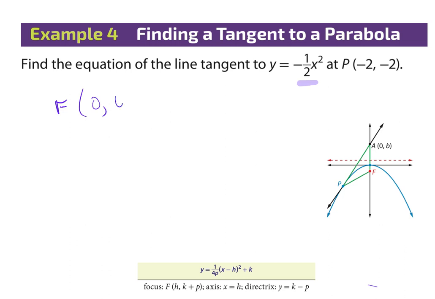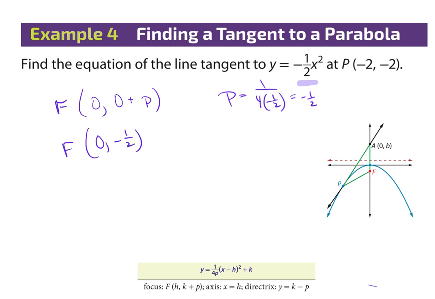So 0 being my k plus my p. So I really need to find my p. P is going to be easy because it's going to be 1 over 4 times this negative 1/2, which actually ends up being negative 1/2. So my focus then is going to happen at 0, negative 1/2.